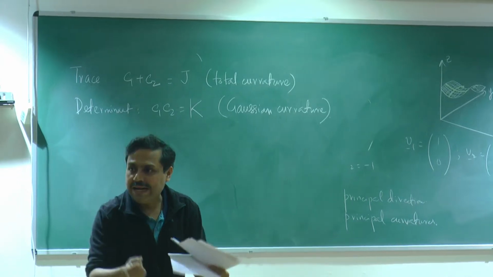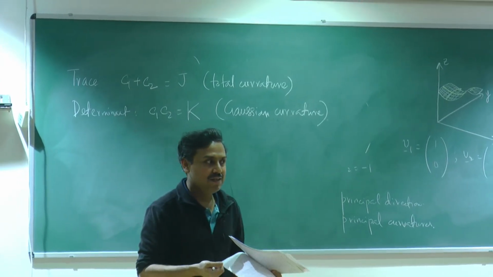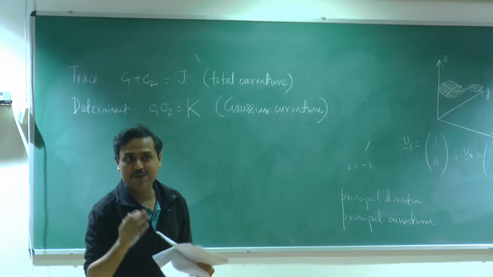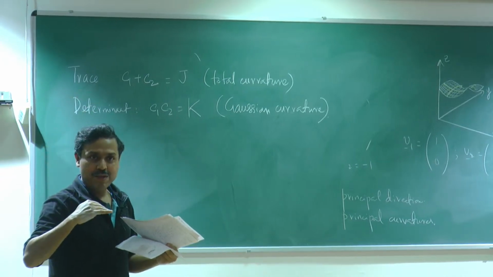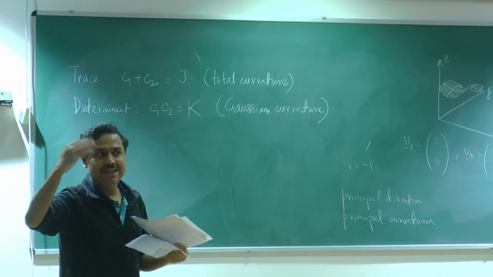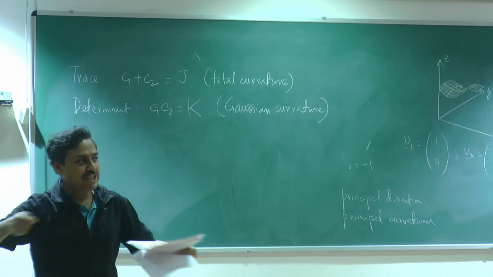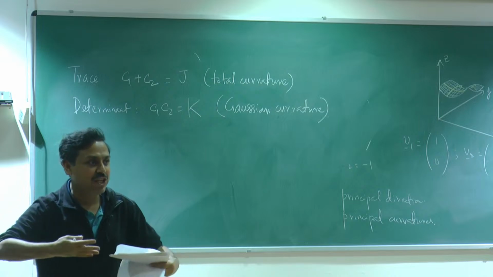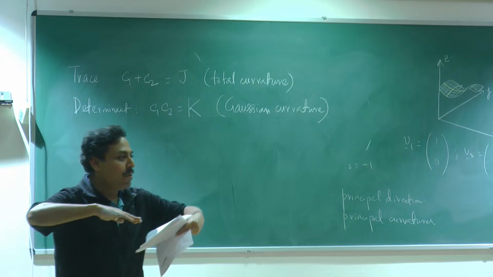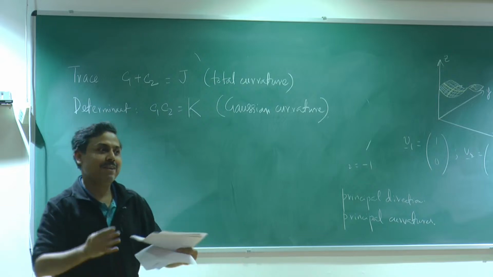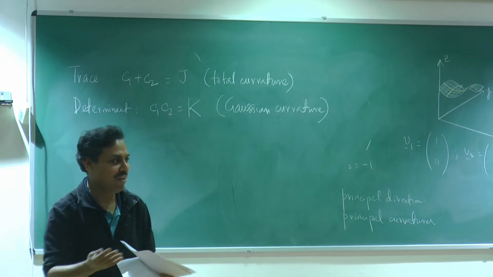What if I want to bend it? Will that cost any energy? Now I'm trying to ask these questions, and I'm going to make this connection. The moment I talk about stretching, that will involve changing the area of the membrane. The moment I talk about bending, it will involve the curvature of the membrane locally or wherever it is.